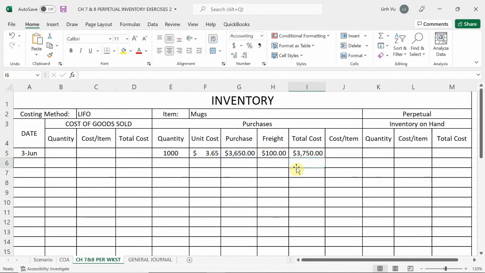Now in this case, because I'm using LIFO, what's important about using LIFO? The order. The order, correct. But I also need to solve for my cost per item, because these are going to be batches of inventory that I'm going to be selling. So for my very first batch of inventory, how much is going to be my cost per item? $3.75. In this case, I'm going to carry this value over into my inventory on hand.